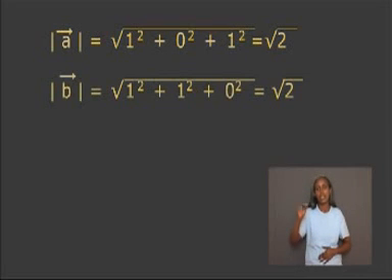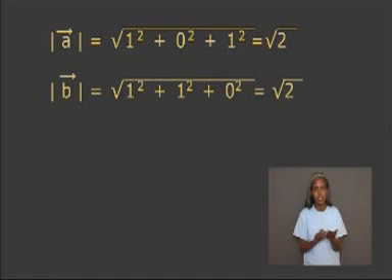We calculate the magnitude of vector B in the same way. It is equal to the root of the sum of the squares of 1, 1, and 0. Thus, it is also equal to the square root of 2.